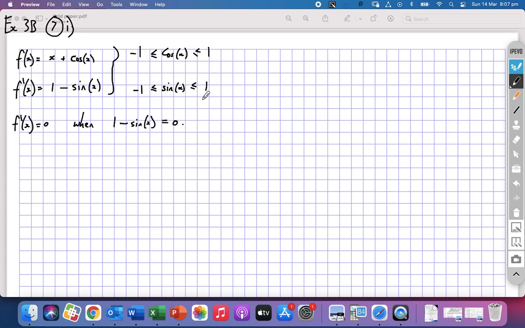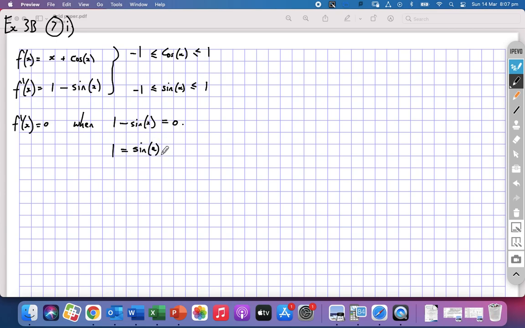That's where those functions cycle between, right? So yeah, I can make this thing 0. I can find an x value. We could rearrange. We could say the derivative equals 0 when 1 equals sine x.